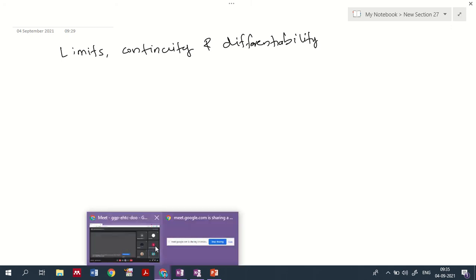Today we are here to discuss the very basics of complex functions. For that, we'll address limits, then continuity and differentiability, differentiability of a complex function.